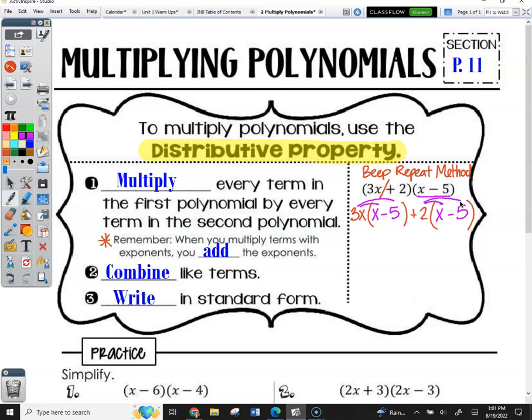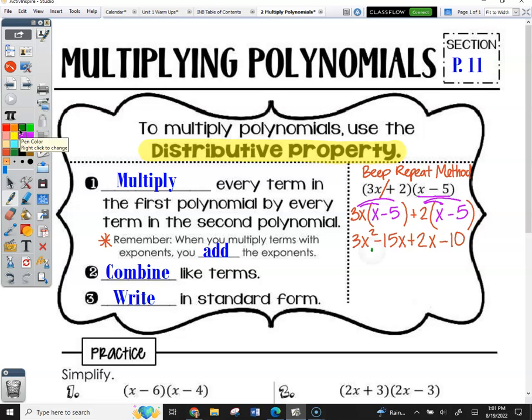So multiply. So 3x times x, 3x squared. 3x times negative 5, negative 15x. 2 times x. 2 times negative 5, negative 10.